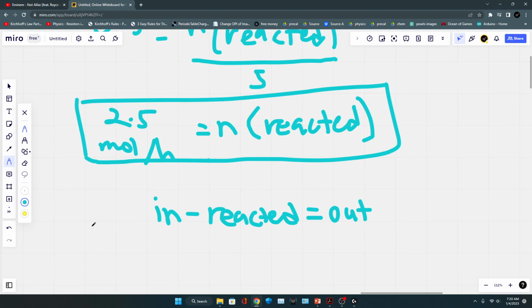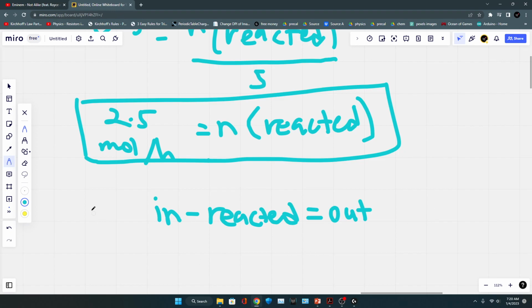So for example, if oxygen is coming in and some parts of it react with other substances, then if we take the difference between the amount of oxygen coming in and the amount that has reacted, we will be able to get the final amount of oxygen coming out from the system.